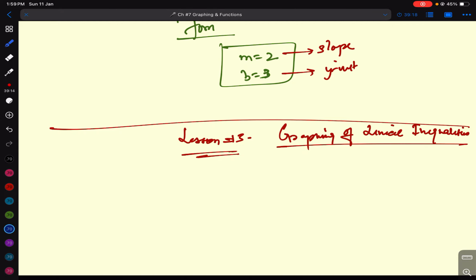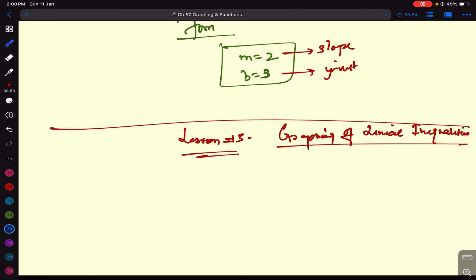But the only difference between graphing a linear equation, which we have already done, and graphing linear inequalities, which we are going to study now, is that the solution of the inequality is not going to be a line, unlike a linear equation, but rather it is going to be the area of the coordinate plane that satisfies the inequality.